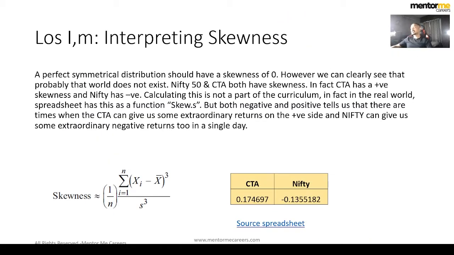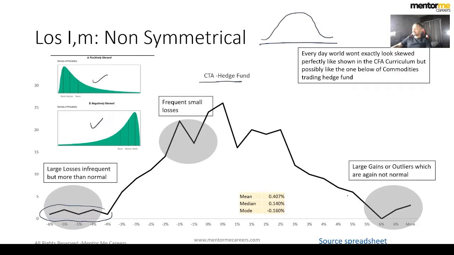Now, interpreting skewness, you really don't have to calculate skewness, but I've still calculated it for the CTA and the Nifty. So you can see our CTA skewness is actually positive, but our Nifty skewness is actually negative, right? Which means, if you see, this is negative skew, with larger outlier events to the negative side, which is true for Nifty 50 because Nifty 50 does tend to generate larger one day negative values, right?